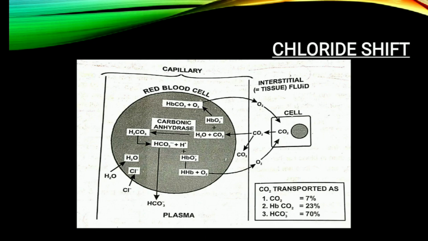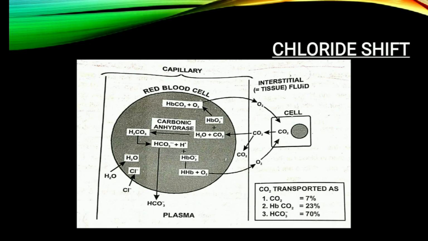Next, why does this Hamburger phenomenon occur? The chloride shift or the Hamburger effect describes the movement of chloride into the RBCs, which occurs when the buffer effect of deoxygenated hemoglobin increases the intracellular bicarbonate concentration, and the bicarbonate is exported from the RBC in exchange for chloride.